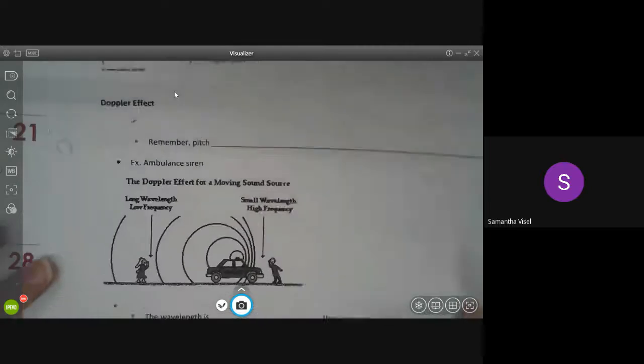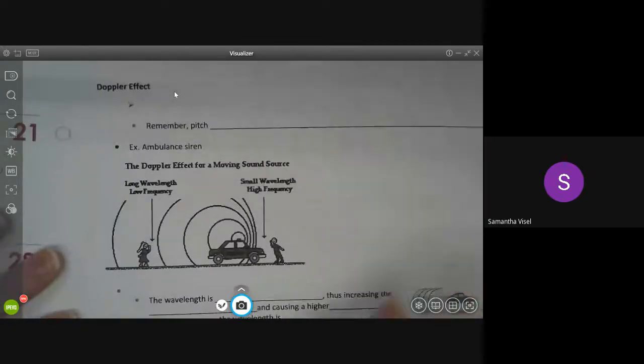Now, we left off yesterday talking about the Doppler effect conceptually. The Doppler effect is a phenomenon that happens in sound where, because something is moving, whether it be a sound source, something giving off a sound, or an observer, somebody that hears a sound, the sound that the person hears is perceived to be at a higher or lower frequency, a higher or lower pitch than what it actually is because of motion.